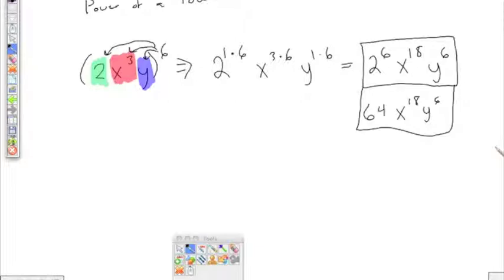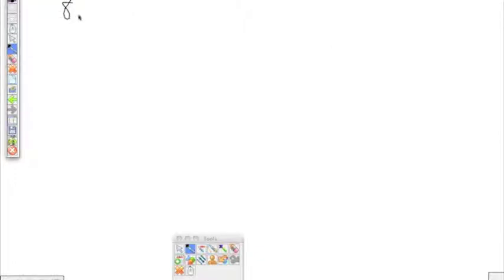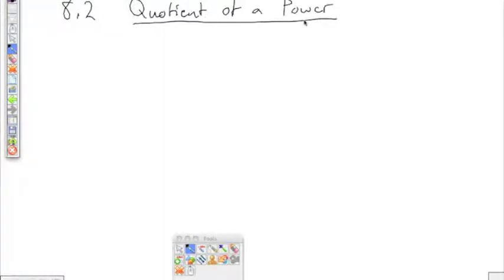Okay? Those of you that have your homework sheets in front of you, this problem is located in the part that says simplify. We need to go over the quotient of a power. So, we could have 6 to the 14th over 6 to the 8th.